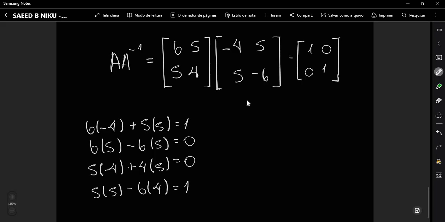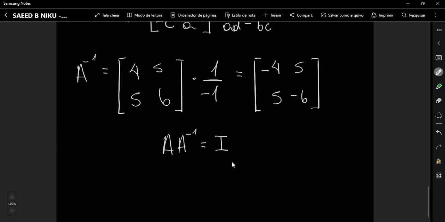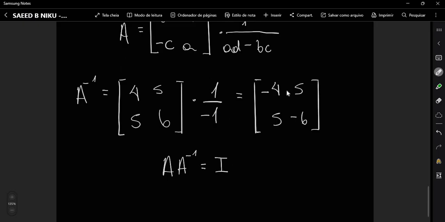And we do get the identity. So our calculations were correct, and that's its inverse.